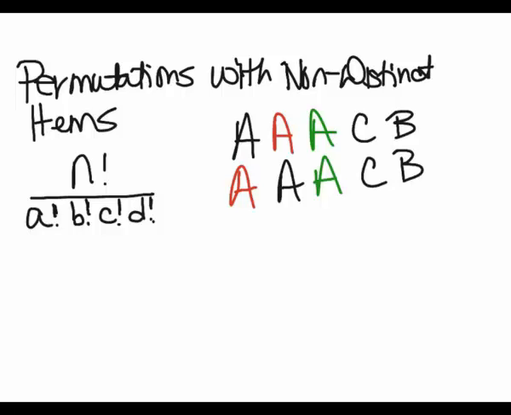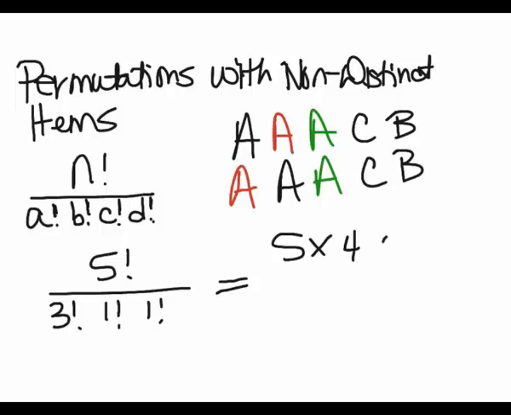Okay, and to do that, what you do is you take your n factorial, which is your total. So in this case, it would be 5 factorial. Okay, and you divide by how many of each different types of terms that you have. I have 3 A's, so that's 3 factorial. I have 1 C, that's 1 factorial. 1 B, that's 1 factorial. And then I compute.